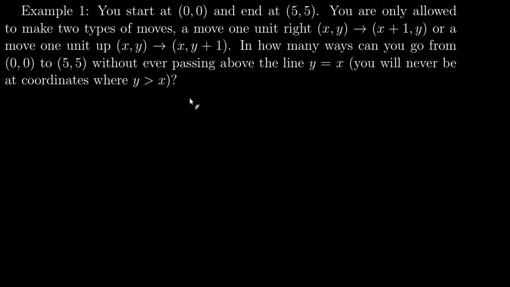And we know if I don't have this restriction, I have two types of moves, either right or up. And I need to have right 5 times and up 5 times, and that's going to get me to 5, 5.